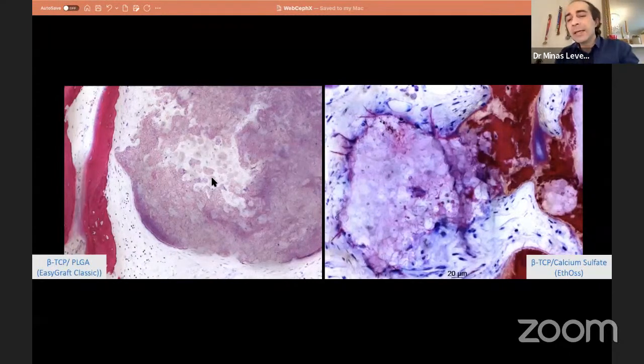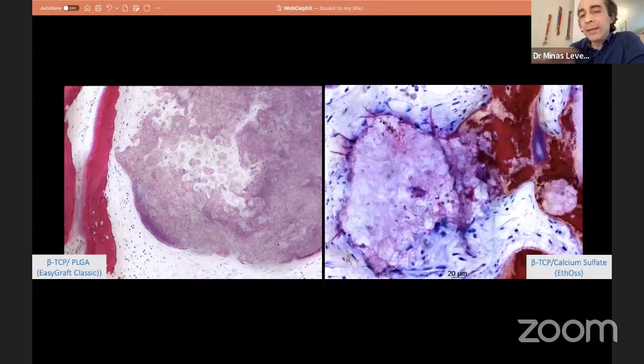And this is important because when the synthetic calcium phosphate breaks down, it is releasing ions of calcium and phosphate. And this calcium and phosphate that is released into the fluids in the surgical area is triggering, is enhancing the new bone regeneration.